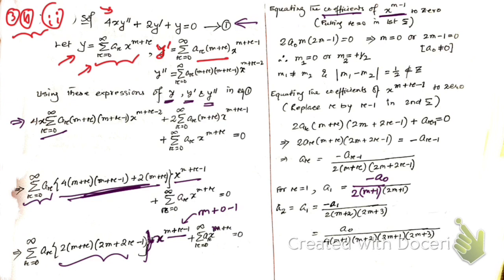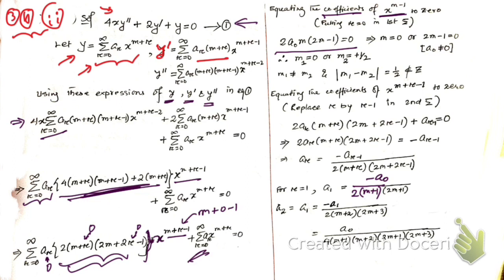And here we have m plus r, so in order to get m minus 1, we need to put r is equal to minus 1, but r is equal to 0 to infinity, so r is always non-negative. That's why we cannot put r is equal to minus 1, so we're going to ignore this part and take this. Putting r is equal to 0 here, and here also 0, we have got this.